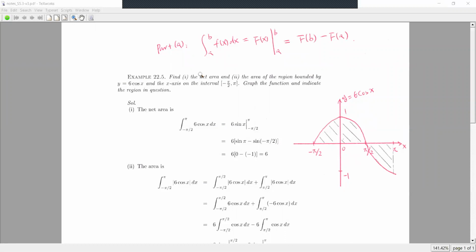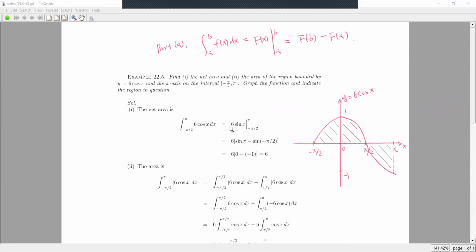Now, let me answer the first question first. Find the net area. To find the net area, we just need to take the integral of the function. We just need to compute this integral. By the formula, to compute this integral, we need to find an antiderivative for 6 times cosine.